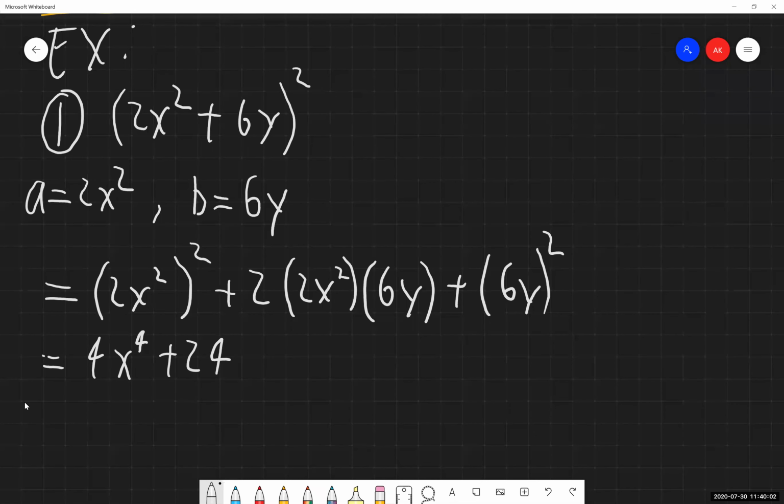I have an x squared, but no other x's, so the x squared is just going to stay there. I have a y, but no other y's, so y is just going to stay there. And then for my last term, I have 6y to the second power. 6 to the second power, 36. y to the second power, y squared. And we have our final answer.